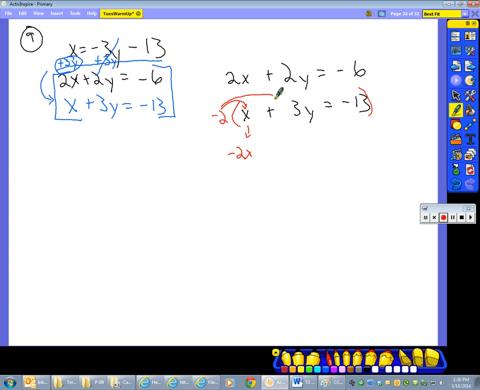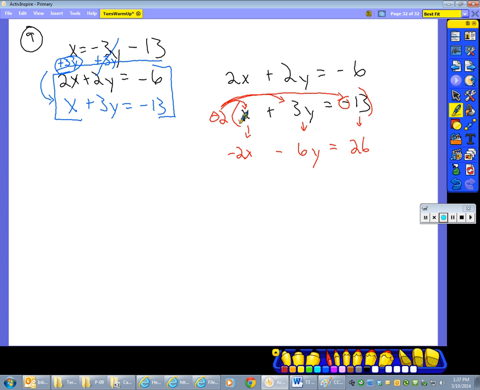A negative 2 times 3y is going to give me a negative 6y. A negative 2 times a negative 13 is going to give me, what do you think, Tiana? You're right, a positive 26. And the reason it's positive is because you multiply a negative and a negative.